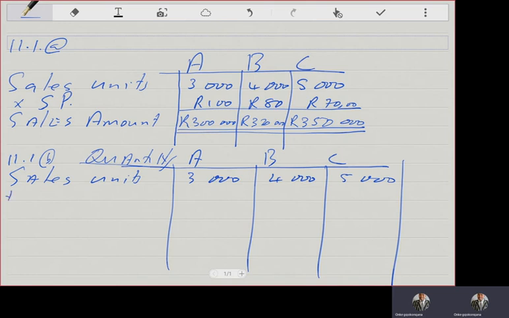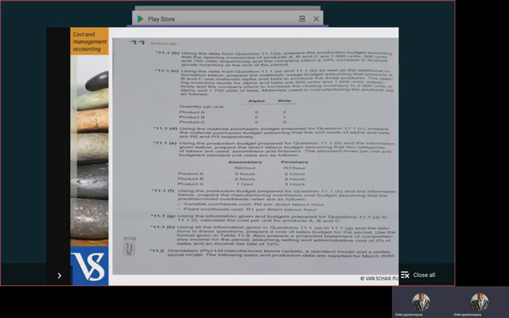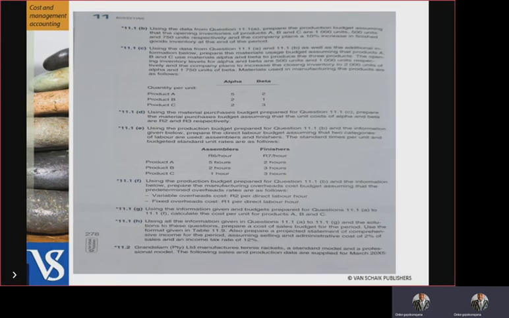So we said, let's bring back the closing. Your closing inventory. What's the story about the closing inventory? Go back to the question. They say here about the closing, the company plans, if you look at that, this is the plan.